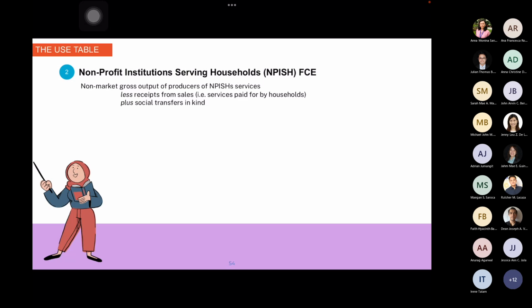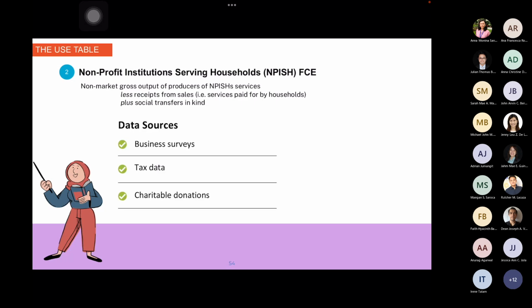So again, here we have the non-market gross output of producers of NPISH, and this is subtracted from the receipts from sales or value that was actually paid for by the households, and then we add the social transfers in kind.